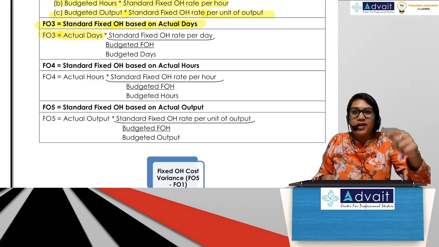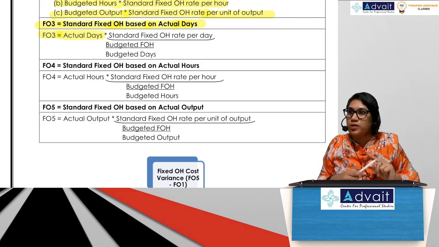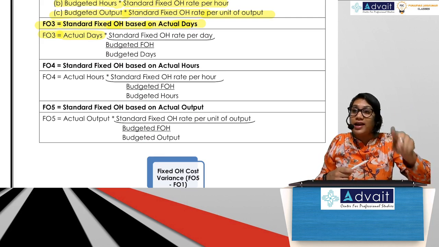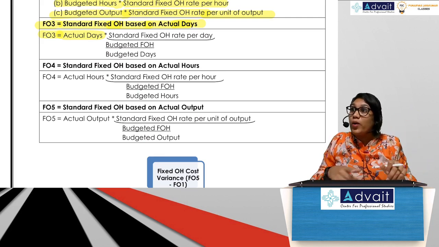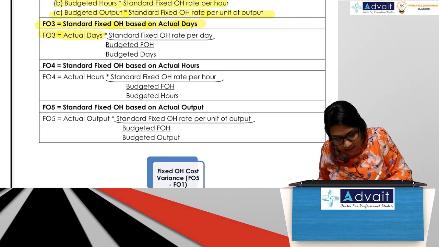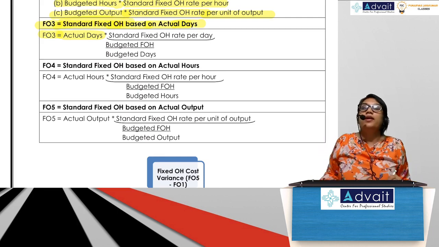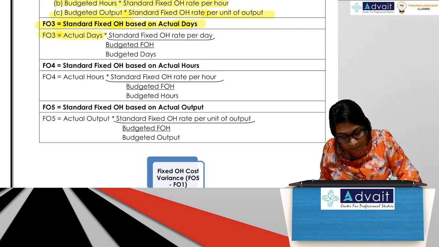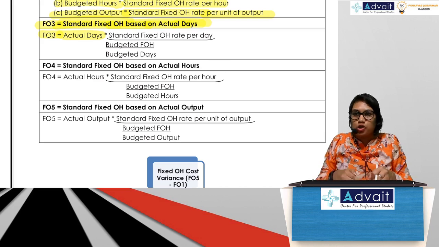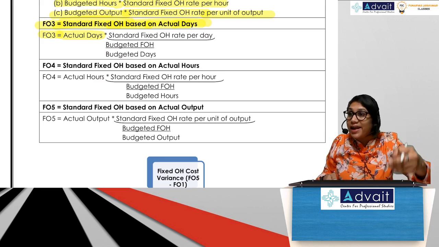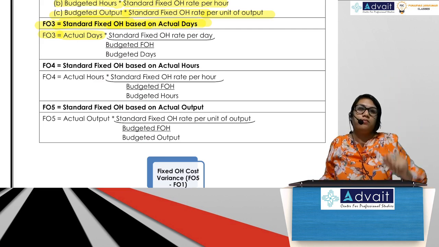So fixed overhead rate per day has to be used. Yes or no? And if I am using fixed overhead rate per day, which one will I use? Budgeted or actual? Budgeted, because it's saying standard fixed overhead. Standard fixed overhead based on actual days. So actual days into standard fixed overhead rate per day.